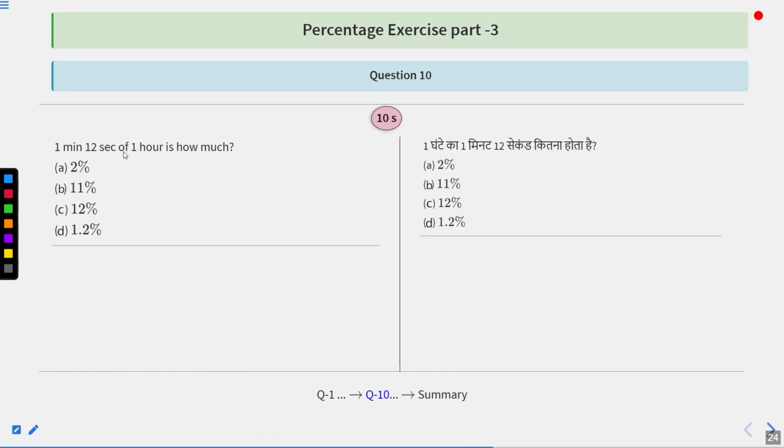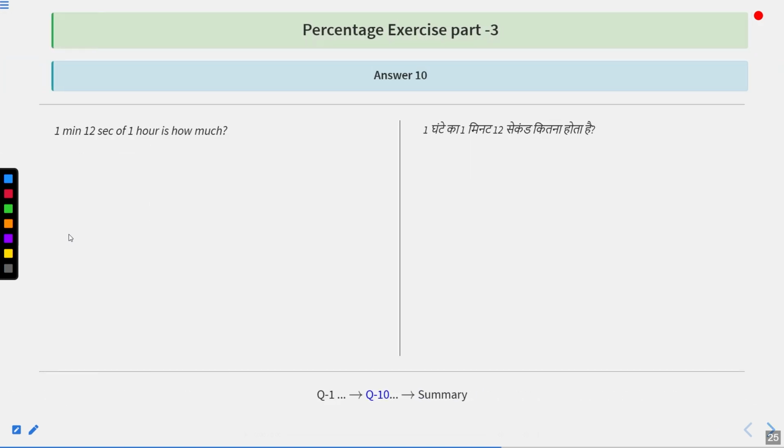1 minute 12 seconds of 1 hour is how much percentage? 2%, 11%, 12%, or 1.2%. These are the four options. Now, 1 minute 12 seconds of 1 hour is how much?